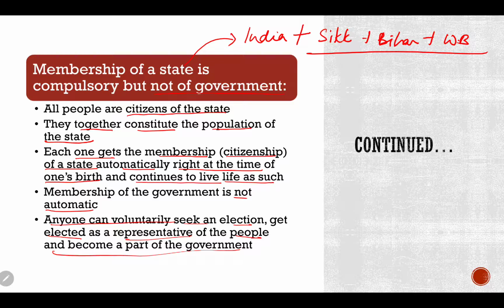But the membership of the state is different: when a person is born, he or she gets the ticket saying that he or she belongs to a particular country. It is automatic. So the membership of government is not automatic.